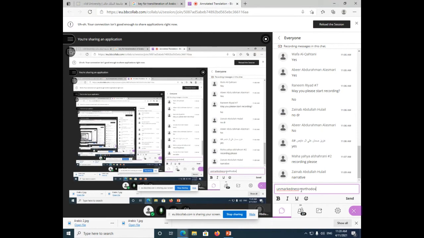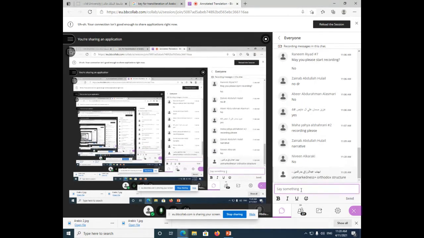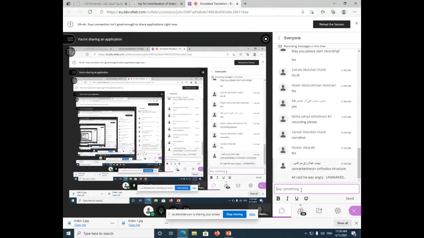Unmarkedness is the orthodox structure, is the original structure. For example, if we said Ali said he was angry, مثلا, just an example. This is unmarked because this is the natural way of writing the sentence.